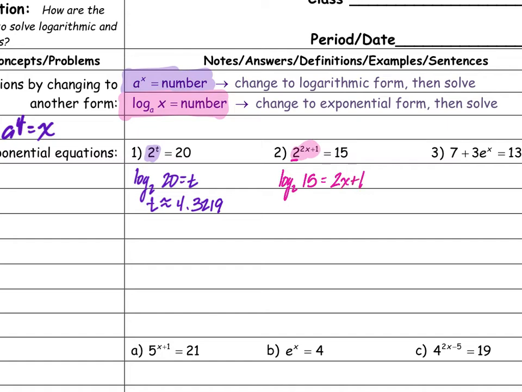So I am not going to find out what log base 2 of 15 is yet. I'm not going to do the log until the very end, just because I don't want to round, right?